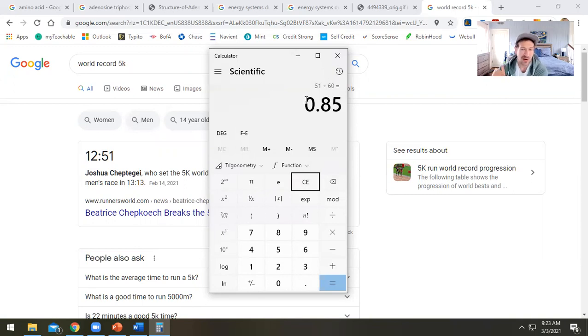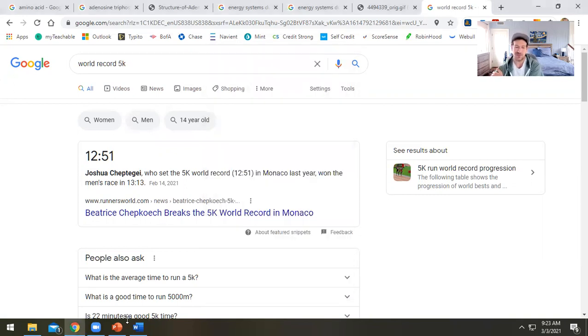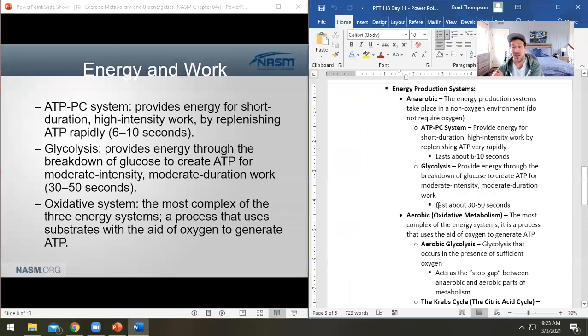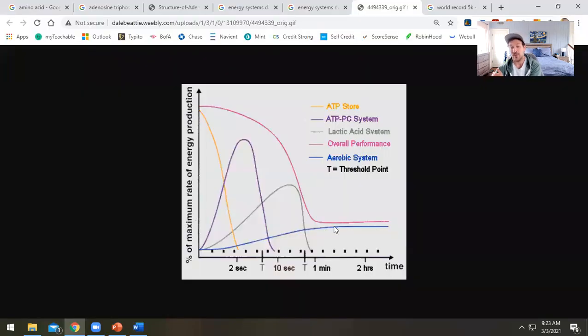So that means that they ran this in 12.85 minutes. 12.85 divided by 3.1. They were running a 4 minute and 14 second mile for 3 miles. Pretty impressive stuff. So they are very much relying on that aerobic system, right?